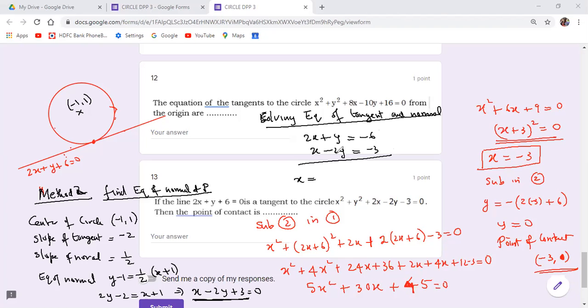So x coordinate is 12 plus 3 divided by -4 minus 1, that is equal to -15/5, so -3. Substitute x as -3, you will get y as 0. So the point is -3, 0. This is the second method.